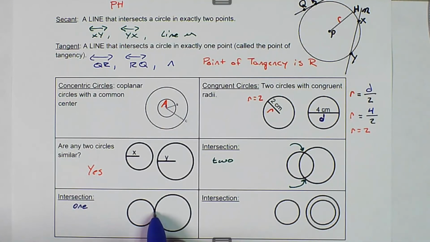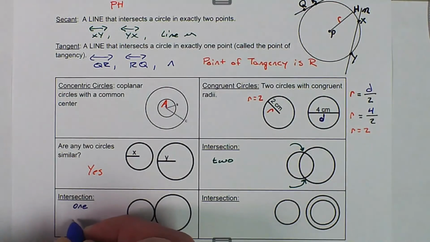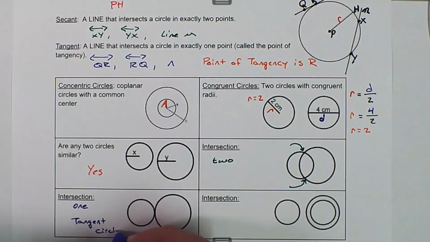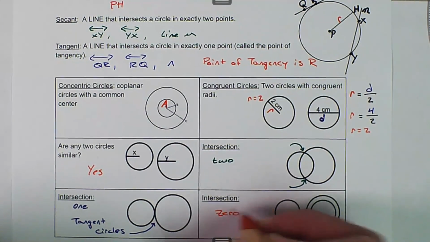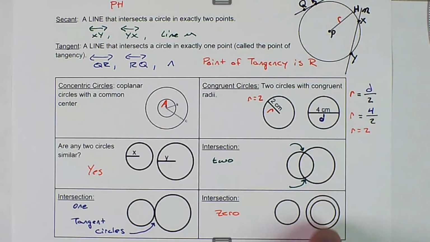That one intersection happens right there, and it is actually at the point of tangency, so the two circles are tangent circles. Then we have this example where the intersections would be 0 because there is no intersection. So in this one, we have two circles that are not next to each other and don't have a way to intersect.